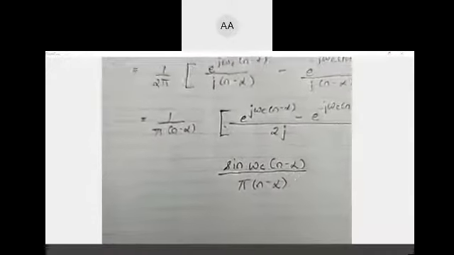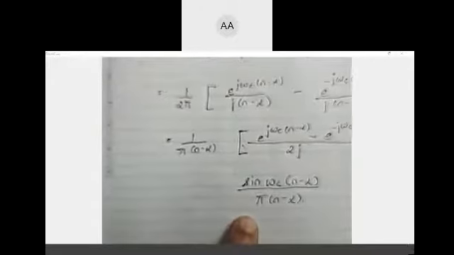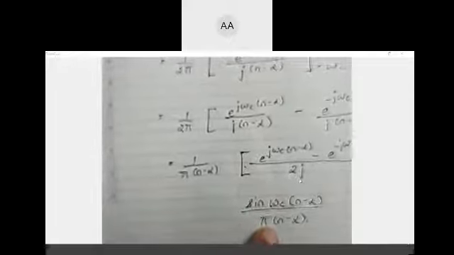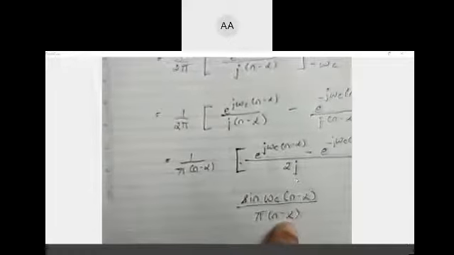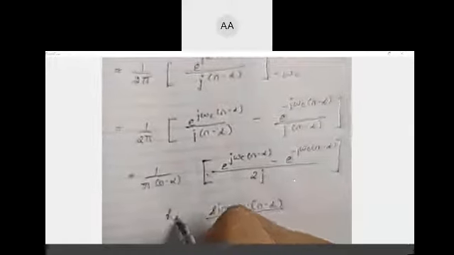In all your problems, if it is a low pass filter problem, you will do the integration and always get it in this form, where alpha is the phase of the signal and omega c is the cutoff frequency. Alright, so this is your hd of n.